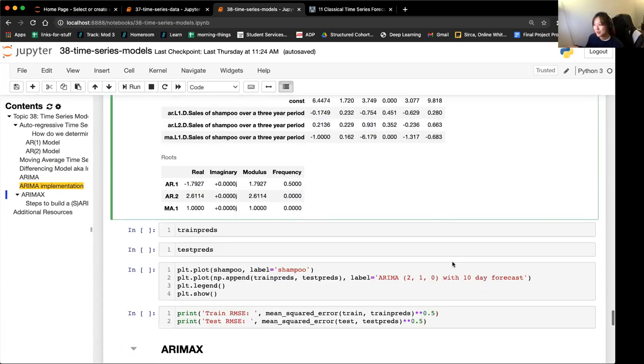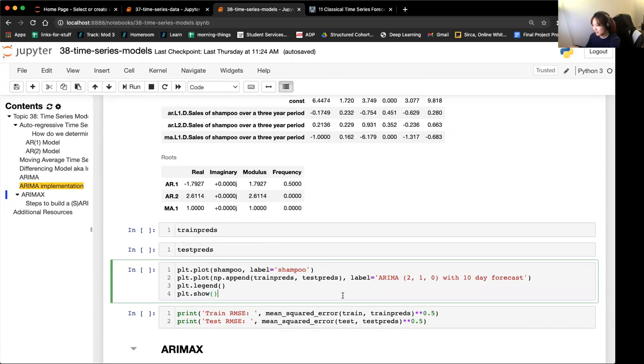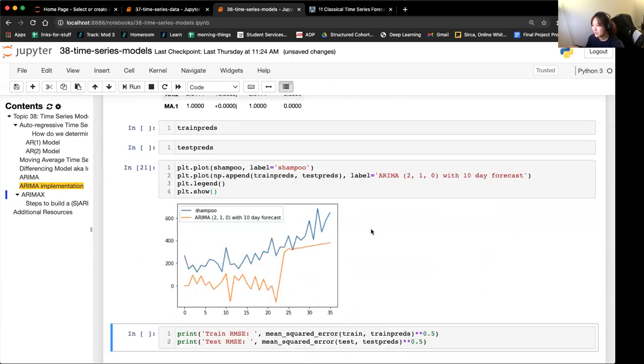Yeah. Maybe when I have the graph here, let me just plot this out and annotate it real quick. This part is my training data, and outside this green box is all my testing data.